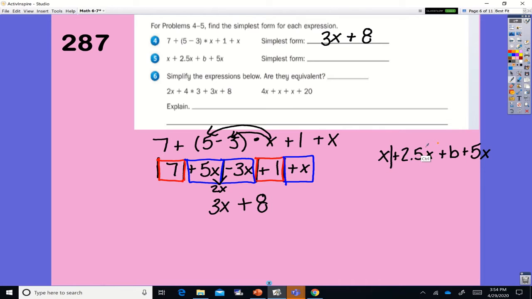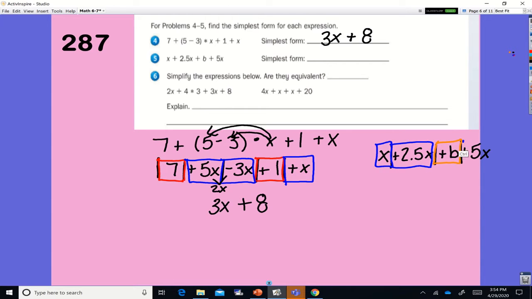So separate, make sure we always have that sign with it. Then orange is going to be my b. And we had blue, so we'll do blue as my x.